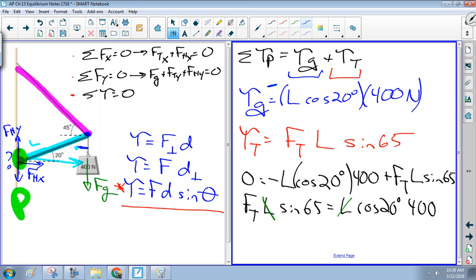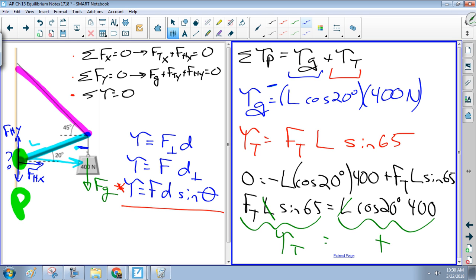But notice, at this point, there's a point where you need to pause that might not be obvious. So this represents the torque from tension, and notice it's going to give me a positive thing, right? So that's telling me that my tension has to provide a positive torque, which tells me the direction the tension has to be pulling.